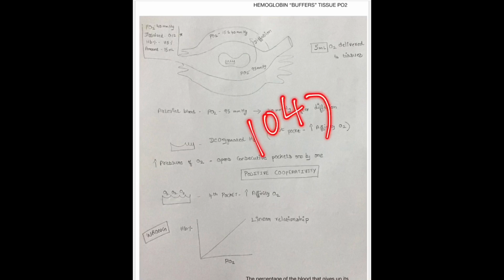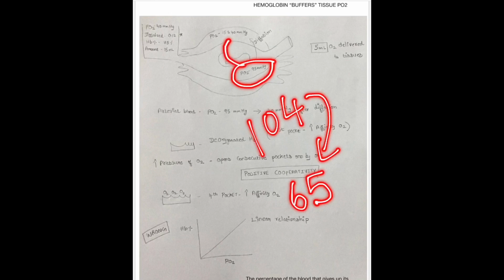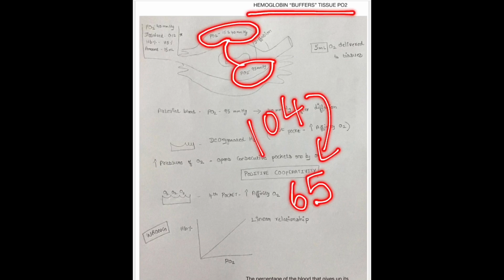If it drops to 65 in conditions like hypoxia, so you will have 65 mm of mercury in the oxygenated blood, but it will never change the partial pressure in the interstitial fluid. It will be maintained at 15 to 40. That's what this line means.